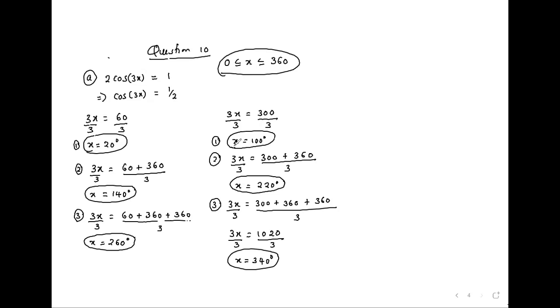Let's go to, I think we did B for sine. Oh, let's do it. So we're going to have B: 2 sine squared 3x minus sine 3x minus 1 equal to 0.